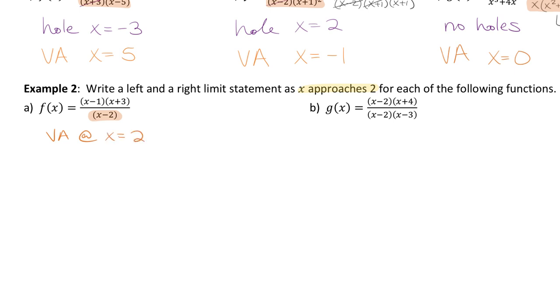If we're having a vertical asymptote at 2, which we are, the way that we find the limit statements, and this is from the front of your page, is we're going to make a sign chart with close numbers. So let's figure out what that means. If we had our number line, and here's the number 2. We know we can't use it.